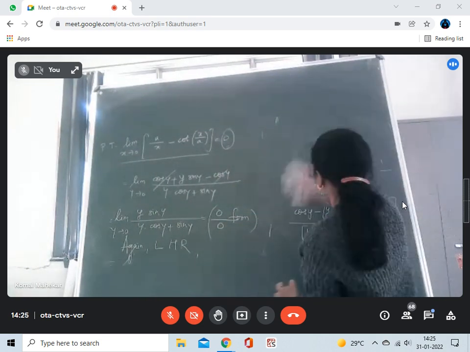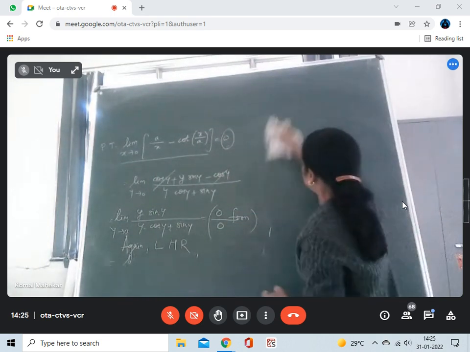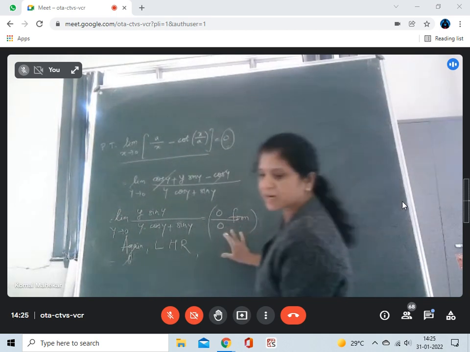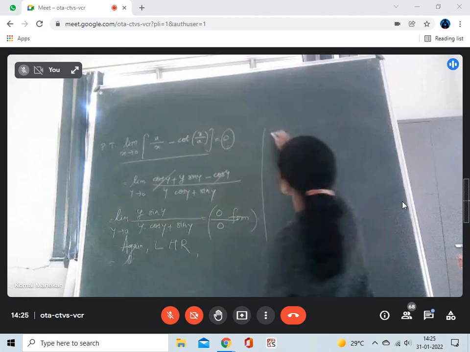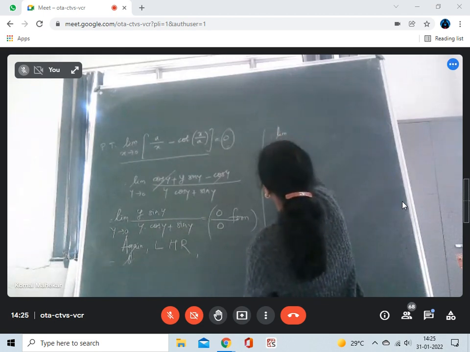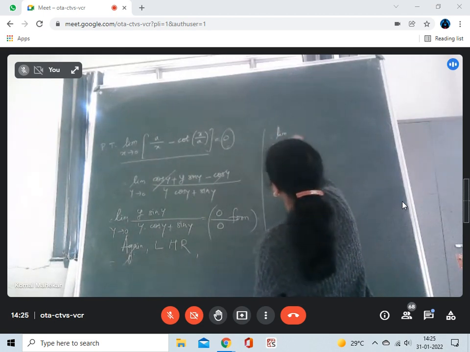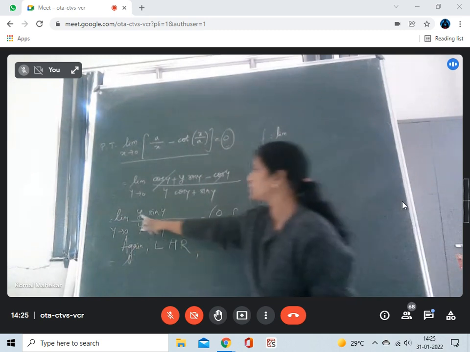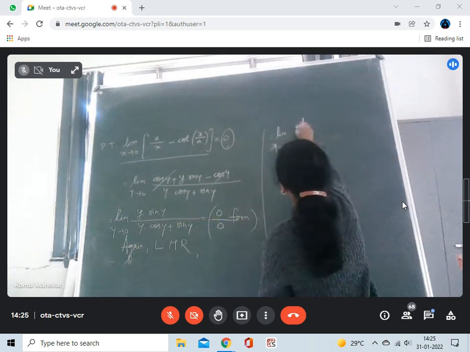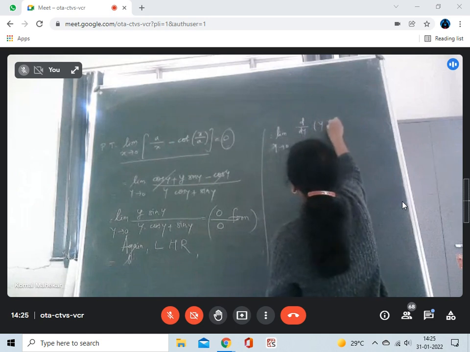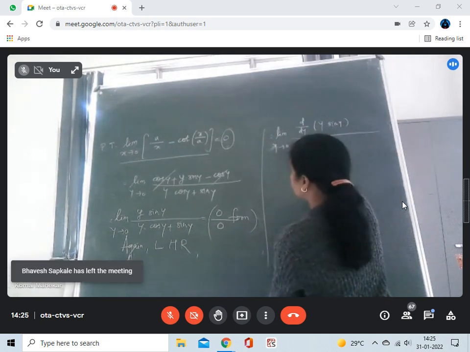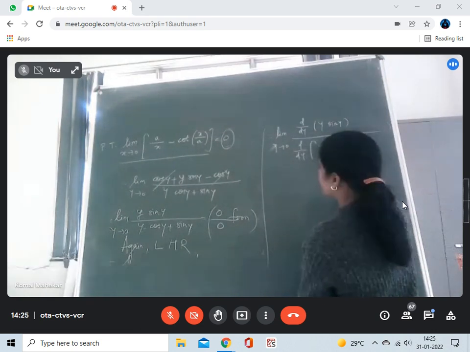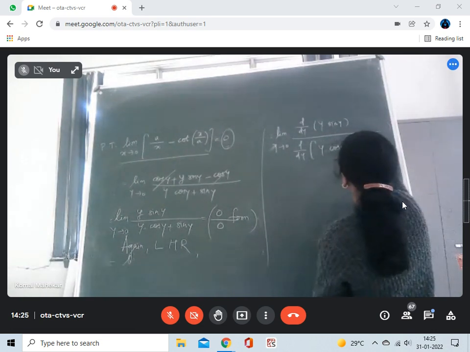Okay, so we have to prove that it is equal to 0. But even if your limit is not finite, it occurs in 0 by 0 form. So again we will apply L'Hospital rule, and for this we will find the derivative of the numerator as well as the denominator functions. So take the derivative again: d by dy of y sin y upon d by dy of y cos y plus sin y.